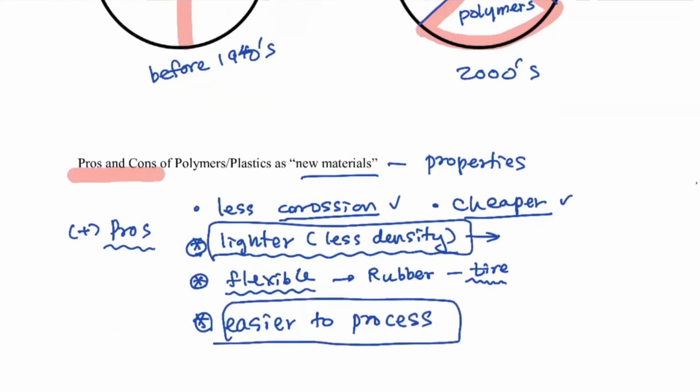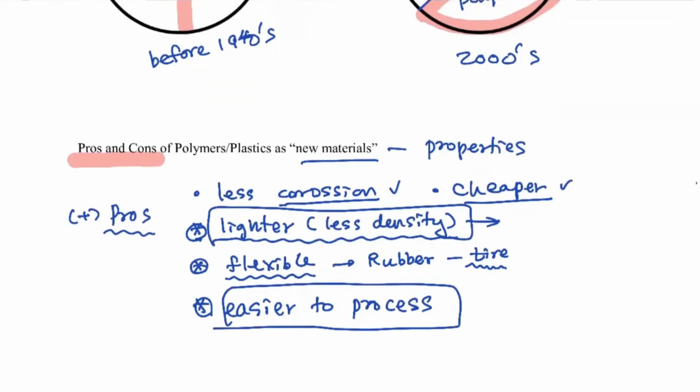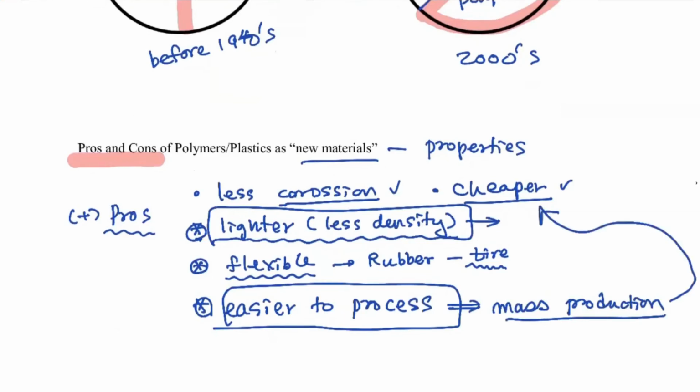Many people know the material property that it is lighter, but easier to process, and that makes the most important property essentially mass production. So that's why, with mass production, it can be made in cheaper ways, making a massive amount of material.